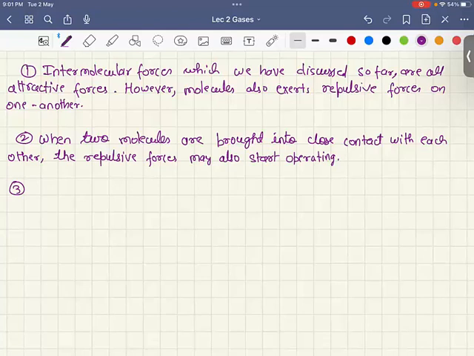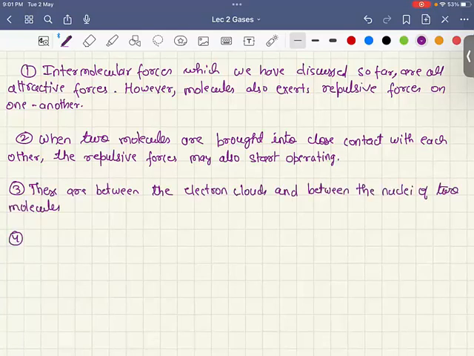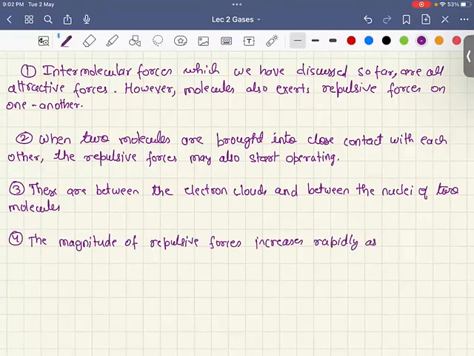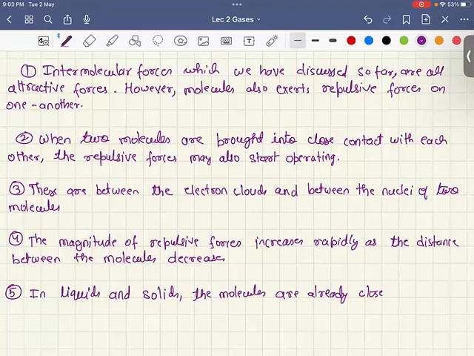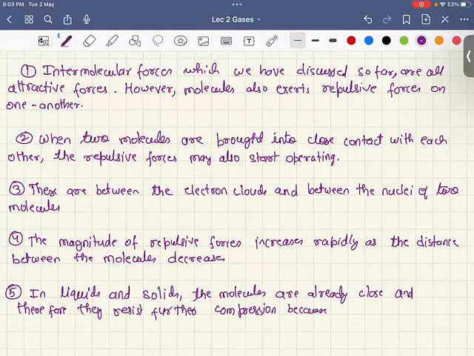These are between the electron clouds and between the nuclei of two molecules. The magnitude of repulsive forces increases rapidly as the distance between the molecules decreases. In liquids and solids, the molecules are already close and therefore they resist further compression because that would result in an increase of repulsive interaction.